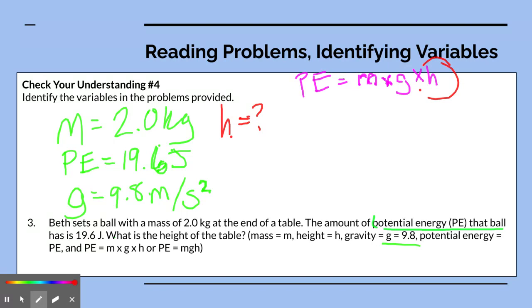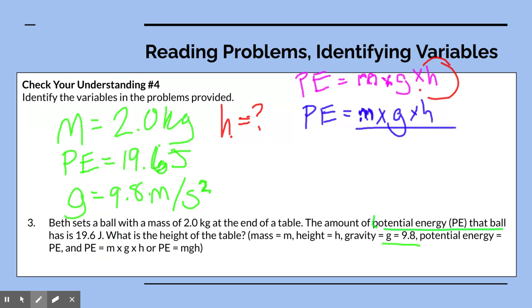Well, arguably this is a 2-step equation here. So you could say it's PE equals M times G times H. And you could say that, first, you would use the inverse operation for the M and then the G. I'm going to tell you this, that we can do both at the same time.